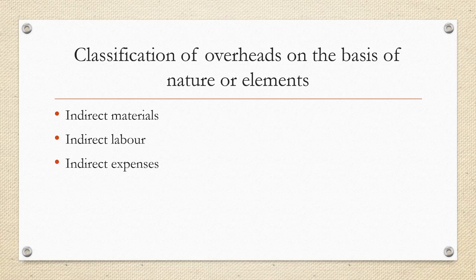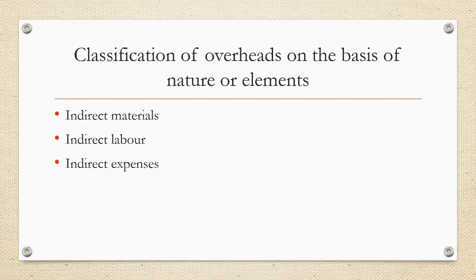Next, the classification of overheads on the basis of nature or elements. Now the classification of overheads done according to the nature and the source of expenditure are the indirect materials, indirect labor and the indirect expenses. Indirect materials refers to those materials which do not normally form part of the finished product.